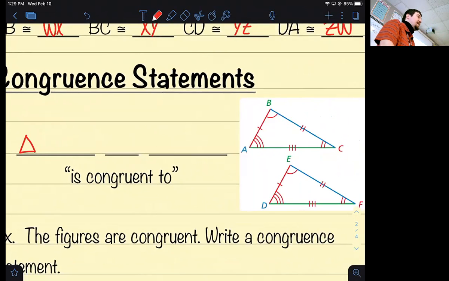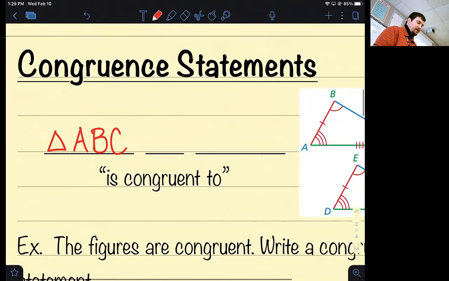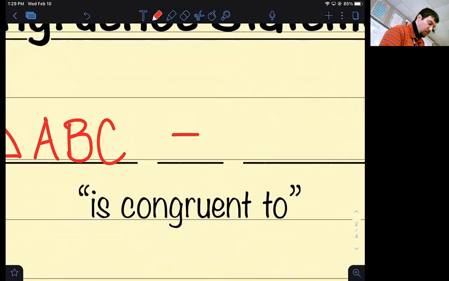So how would I label the top triangle, Devin? Triangle ABC. Okay. Is congruent to. So I would use a congruent symbol, which we just explained is an equal sign with a little squiggly above it.